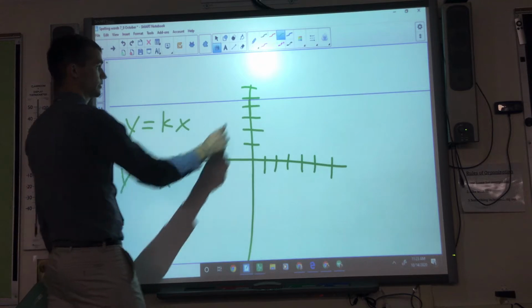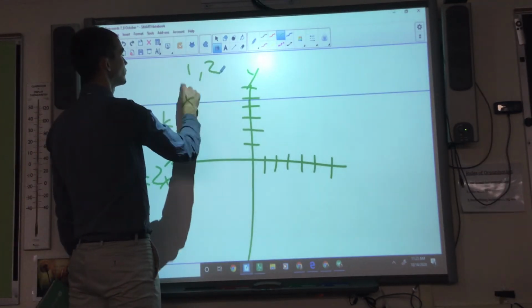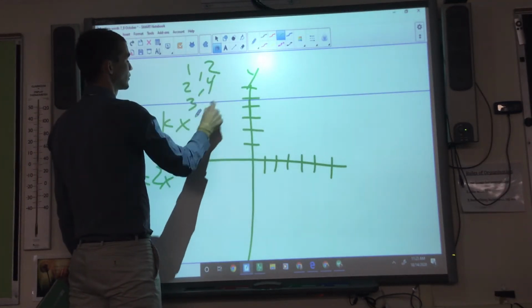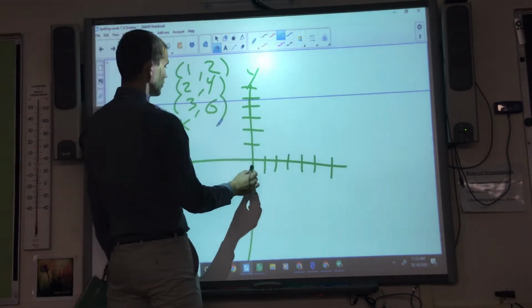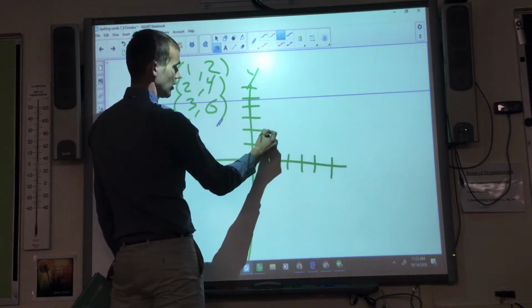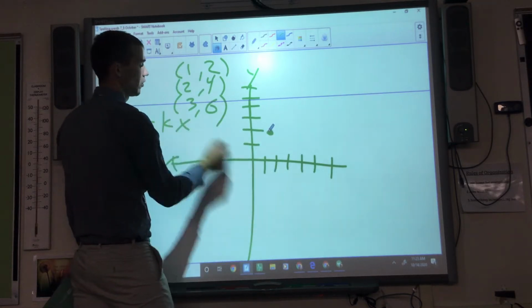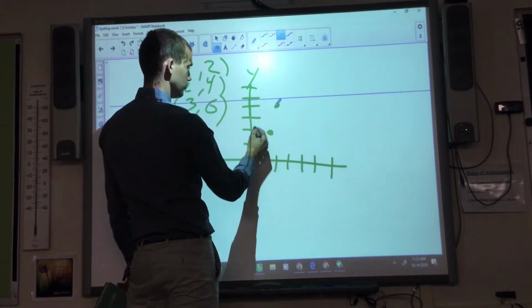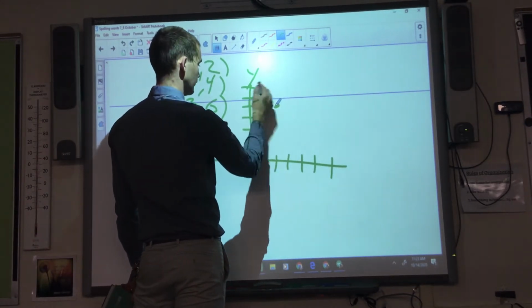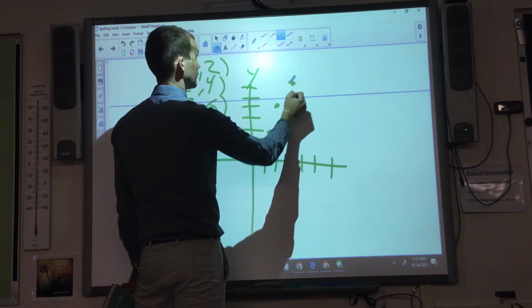Remember, this is the x-axis, this is the y-axis. 1, 2, 2, 4, 3, 6. So I go over 1, up 2. Over 2, up 4. Over 3, up 1, 2, 3, 4, 5, 6. Over 3, up 6.